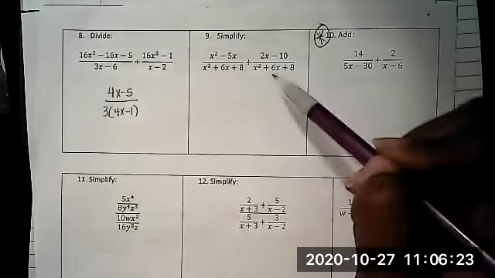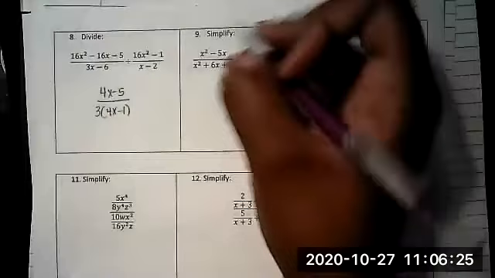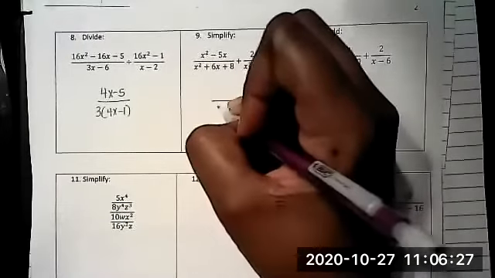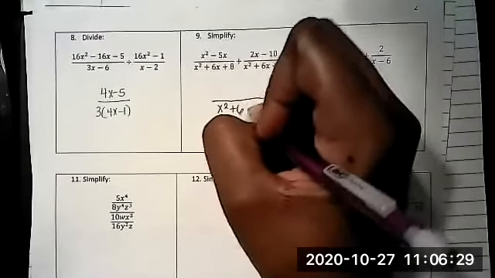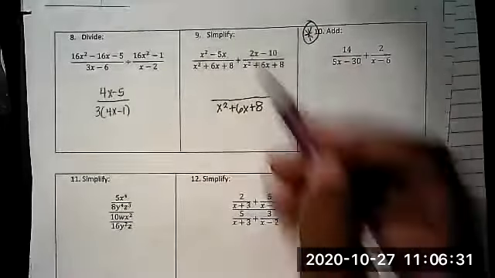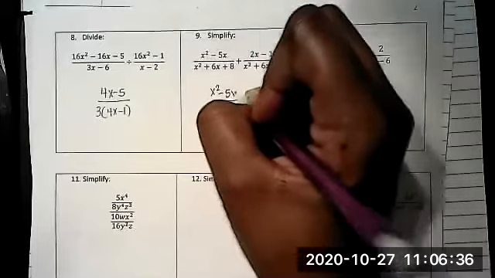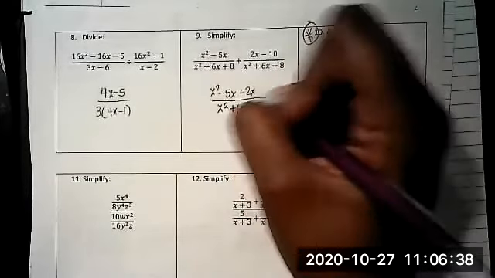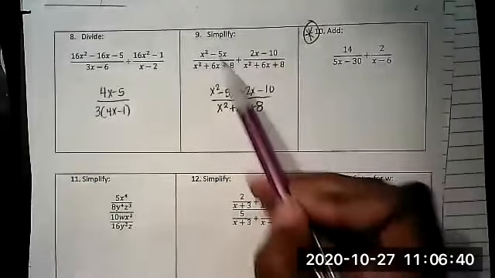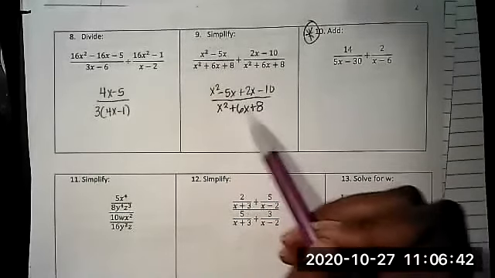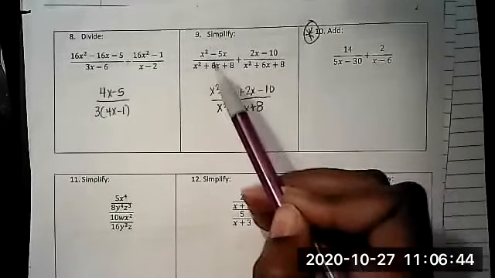They have the same common denominator. So I'm just going to put them under the same common denominator, x squared plus 6x plus 8. Okay, I'm putting them together now. Now I can say x squared minus 5x plus 2x minus 10. Okay, I can put this and this together under the same denominator because they have common denominators.